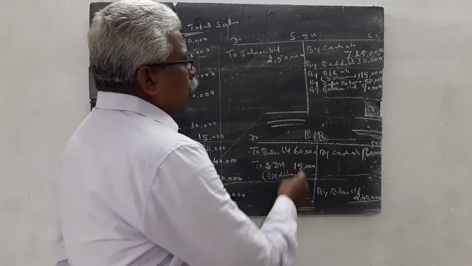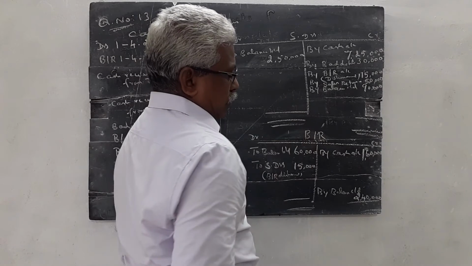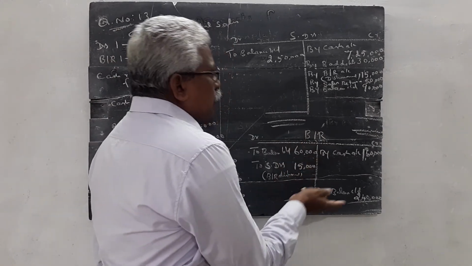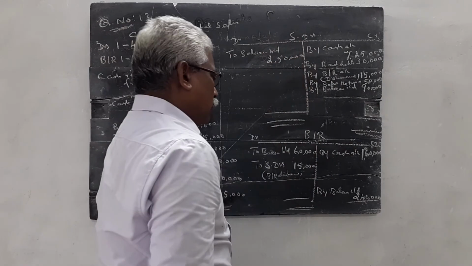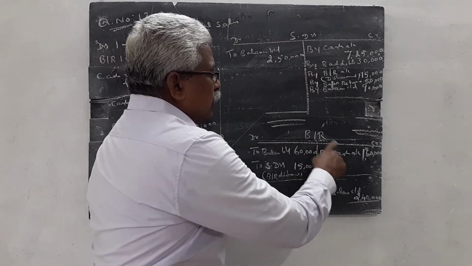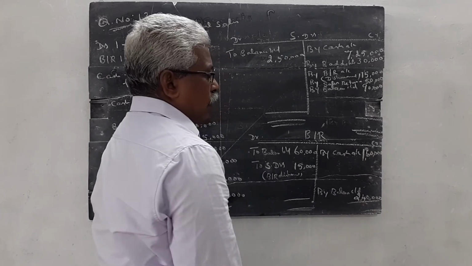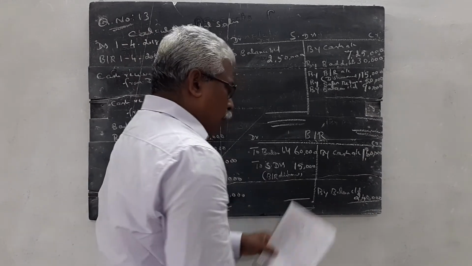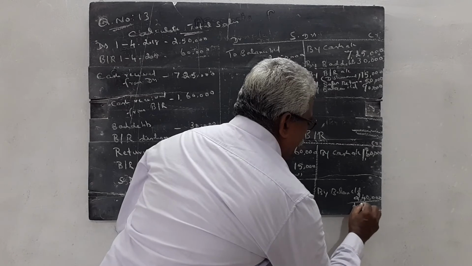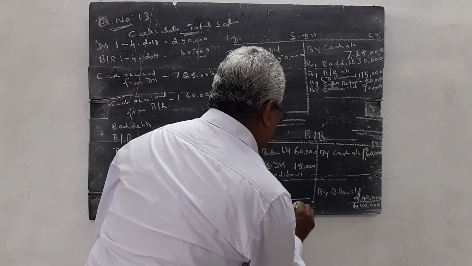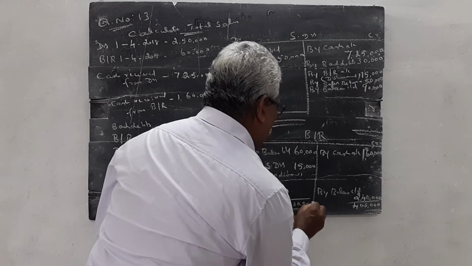Then first we close the bills receivable account. Very, very important: the balance amount is transferred to sundry debtors account. So first we close this bills receivable account. This side is the highest side. So 4 lakh rupees is the total. This 4 lakh is entered here also.